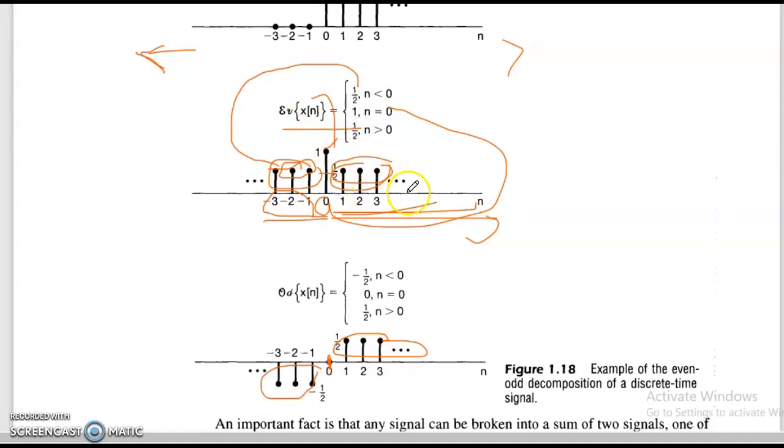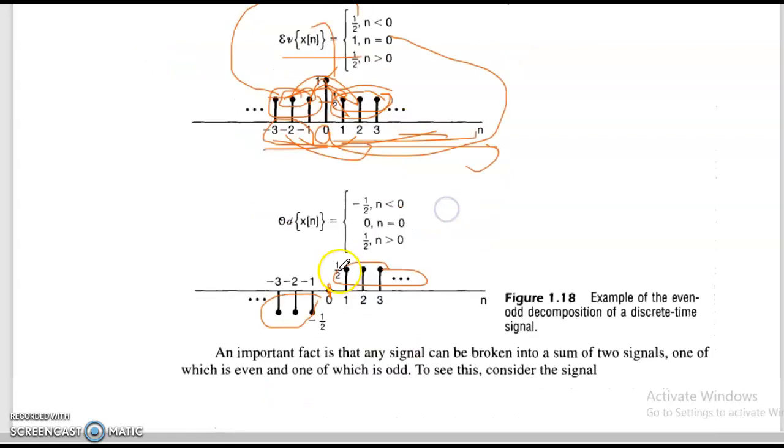This is even. Whatever happens on one side, the same happens on the other: minus 1 and plus 1, minus 2 and plus 2, minus 3 and plus 3.